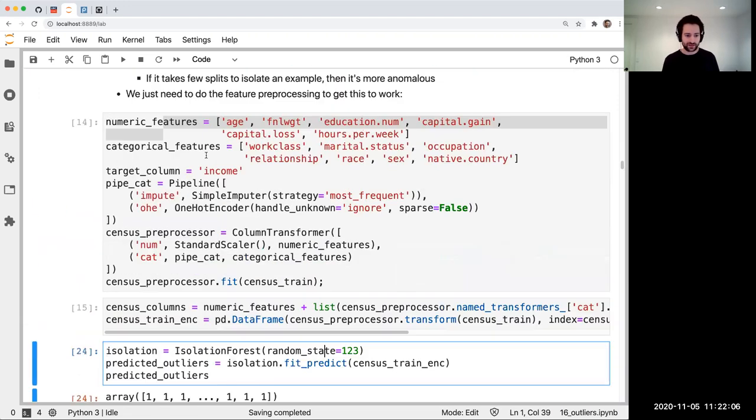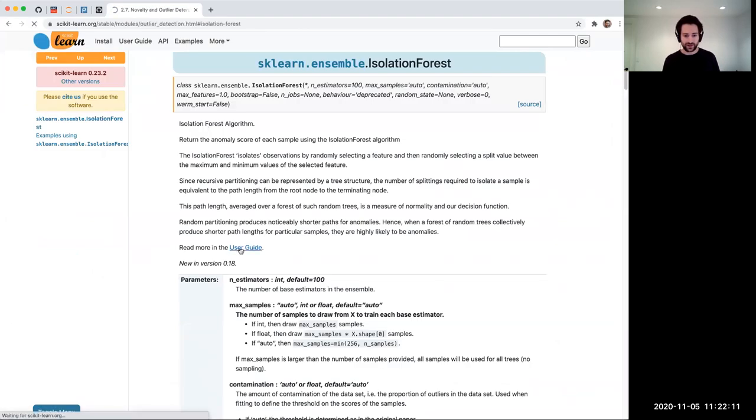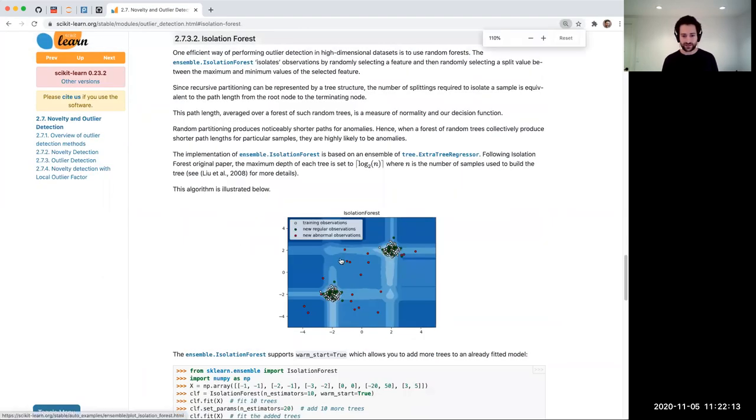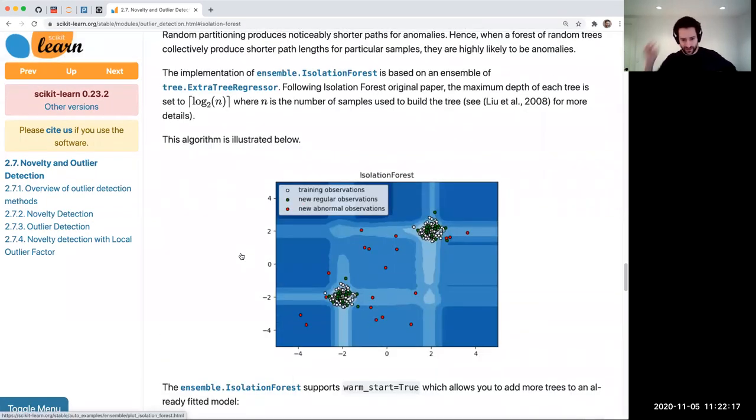To get to the earlier question, let me click on this documentation. There's this picture in the scikit-learn documentation. There's only 2 features here, so it's not really that realistic of a scenario.